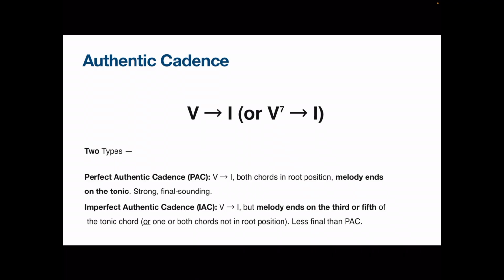So that would be something like, let's say, right? I'm actually still playing the 5 to 1 progression, but it just doesn't sound like it has really finished. So that is another example for imperfect authentic cadence.